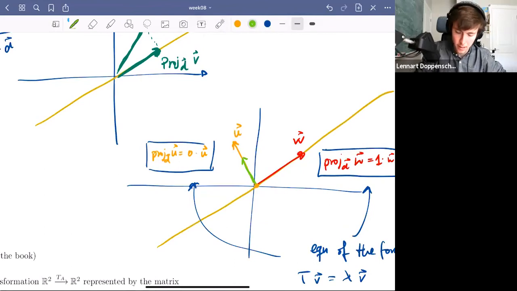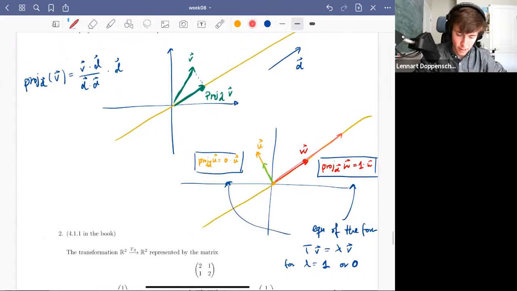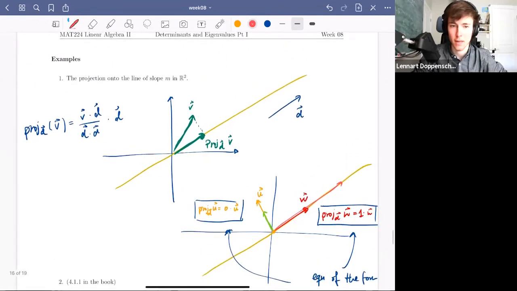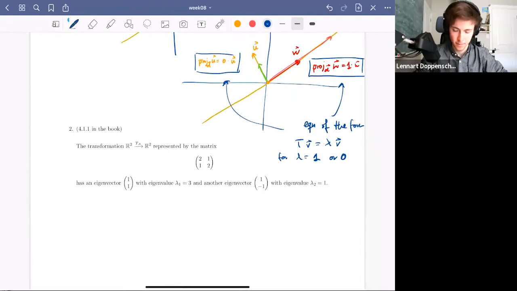If you take a longer vector along the line, any vector along the line will be an eigenvector with eigenvalue 1. Okay, so I think that's all I would say about this example. Any questions sparked by this example?